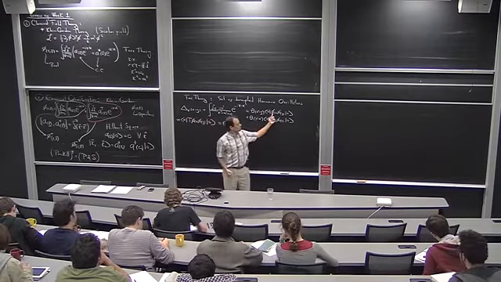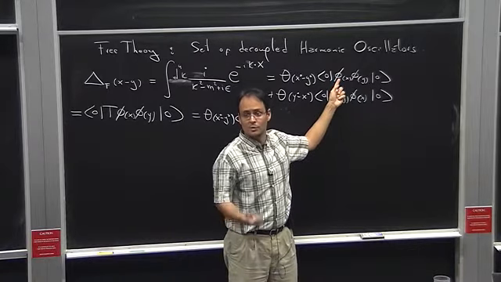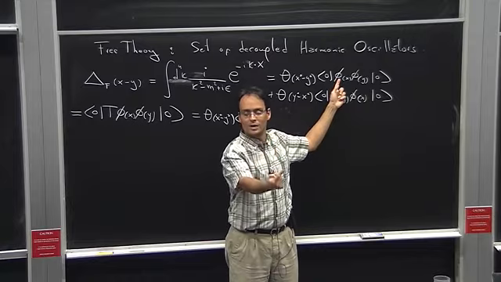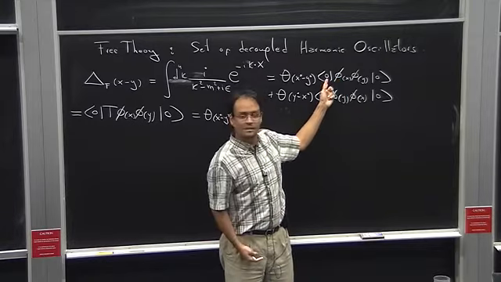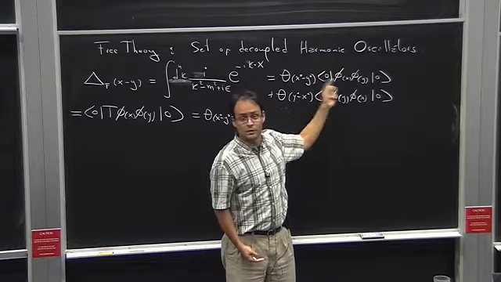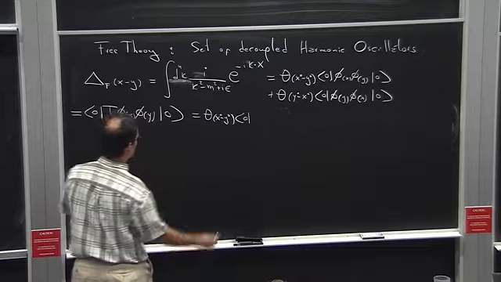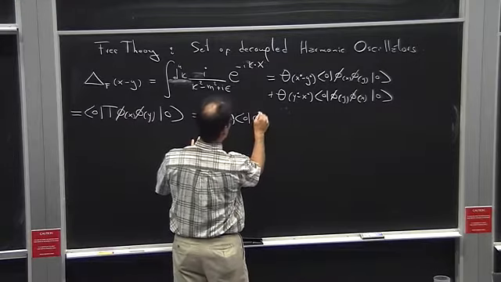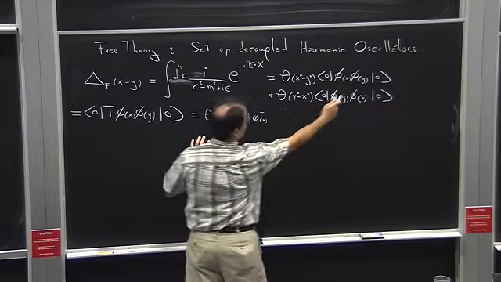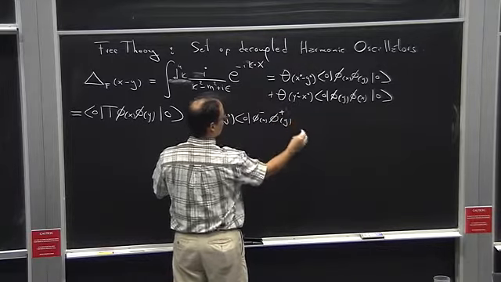Now we're going to use the decomposition, right? So phi of x is going to be equal to phi plus plus phi minus. But this is acting on the vacuum. So which piece survives? Phi minus. Likewise, here only phi plus survives.